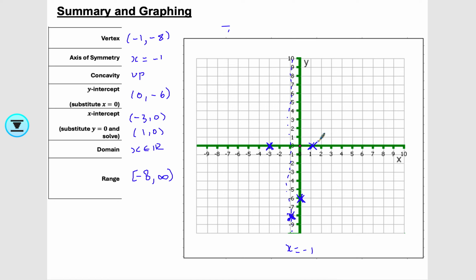The only thing that might not be consistent in all quadratics is the x-intercept. Sometimes you end up with 1 intercept, sometimes no intercept. Once you have everything, then you connect them all, keeping in mind that you should be concave up. And just roughly, since it's a freehand sketch, it should be a bit better here. And this is your quadratic function graph.